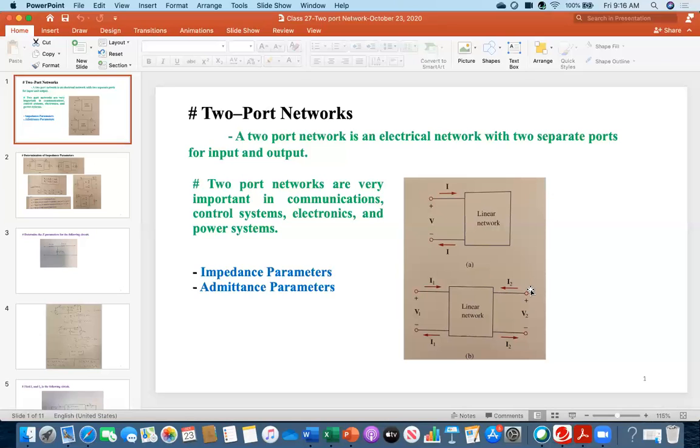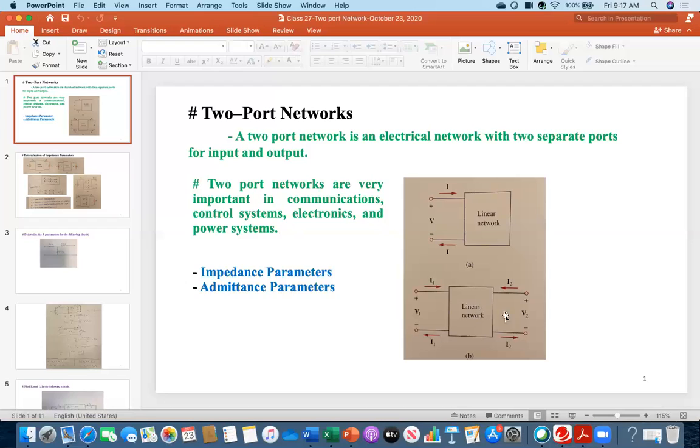Therefore, transformers, operational amplifiers and transistors are examples of two-port networks. Now, why are we learning this? As I said here, two-port networks are very important, especially in communication networks, control systems, electronic circuits, and in general power networks and power systems. These are the reasons we will be learning two-port networks.